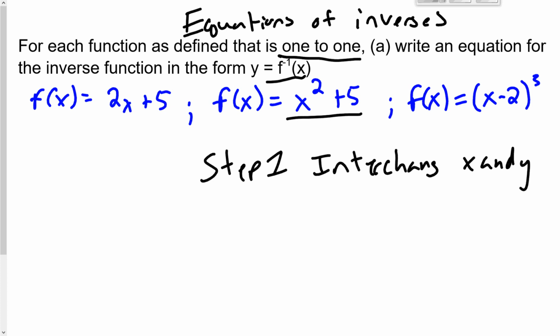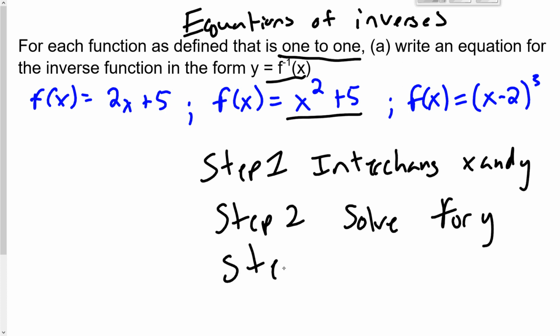Step 2 is you solve for y, and step 3 is replace y with f inverse of x.